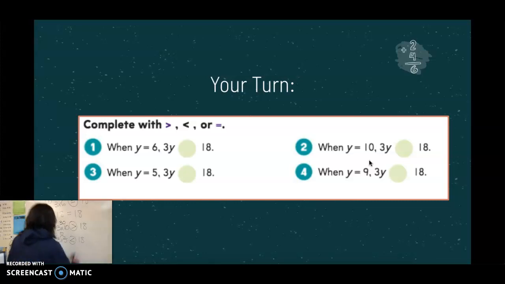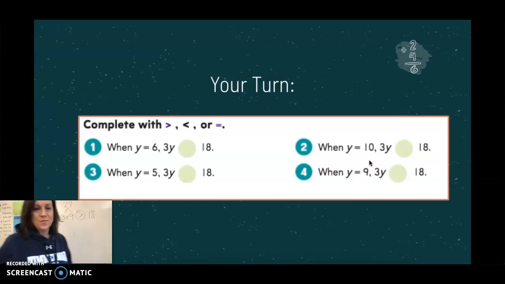Okay. Let's do number 4. Number 4. When y is 9. So 3 times 9 is what to 18? Well, 3 times 9 is 27. Is 27 greater than, less than, or equal to 18? You're right. It is greater than.